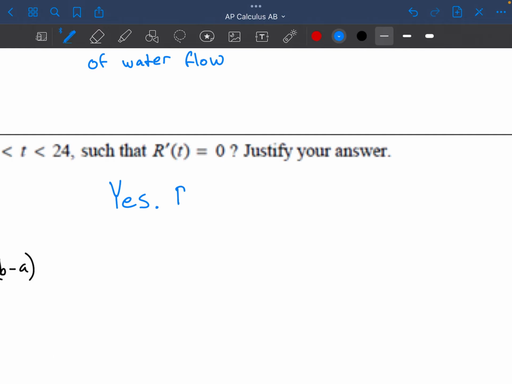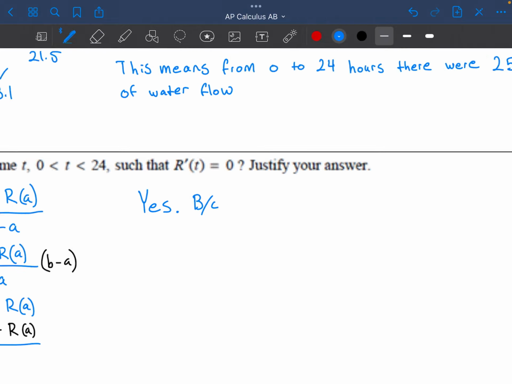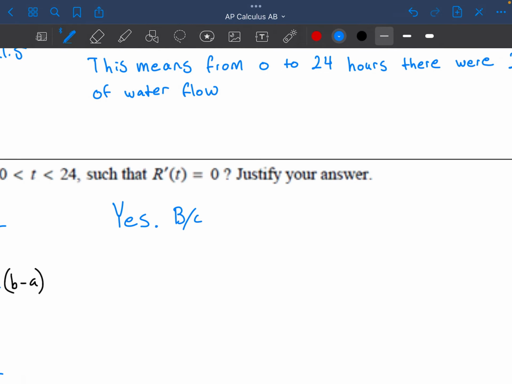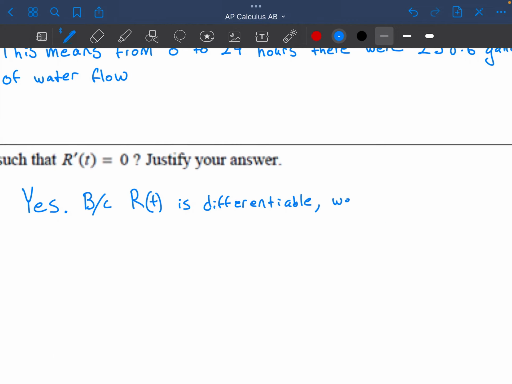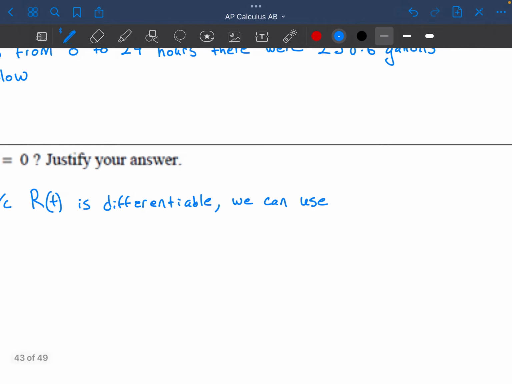So we'll say because capital R of t is differentiable, we can use MVT, the mean value theorem.